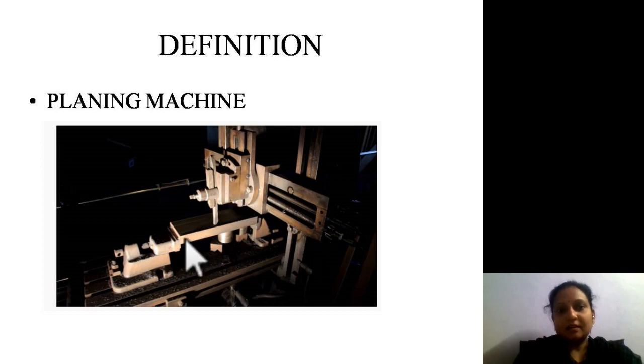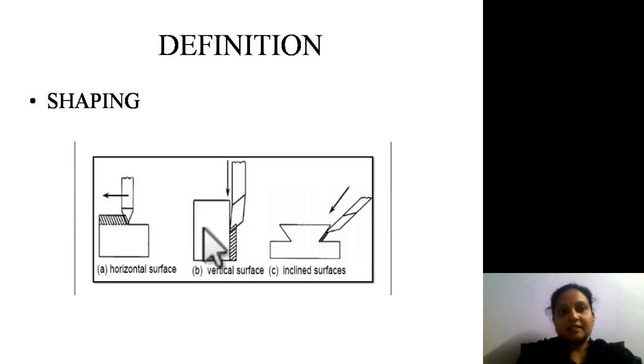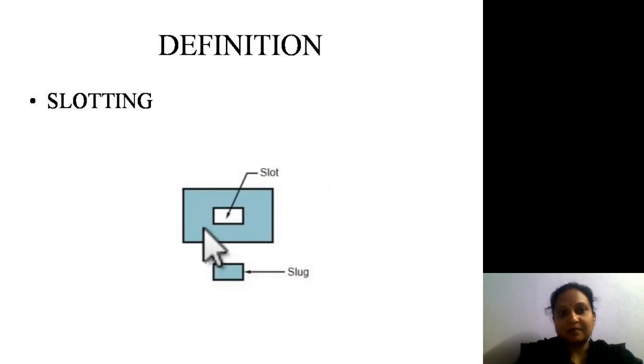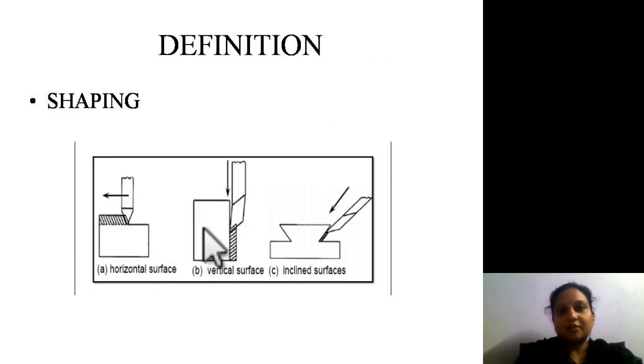The cutting operation will take place, but as the tool is constant here, the ram will move the bed and the workpiece will make a to and fro motion, and we will get the required component. It means the surface finish will happen here. So these are the three different types of surface finishing operations we have: shaping, slotting and planing. This is about the different types of operations that we perform.